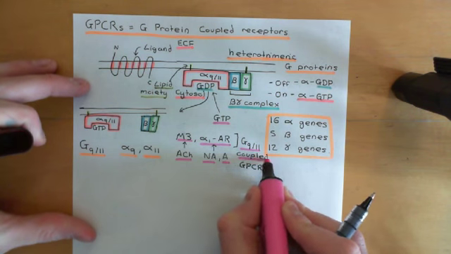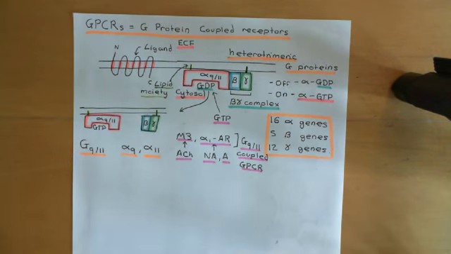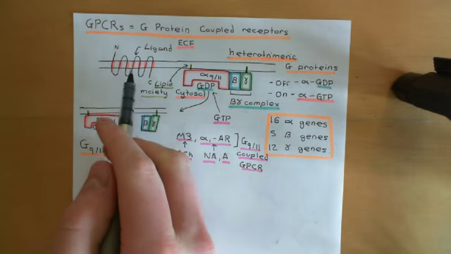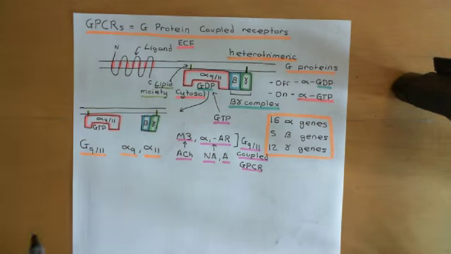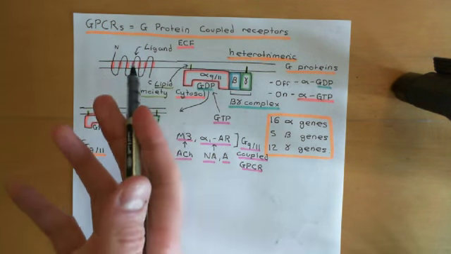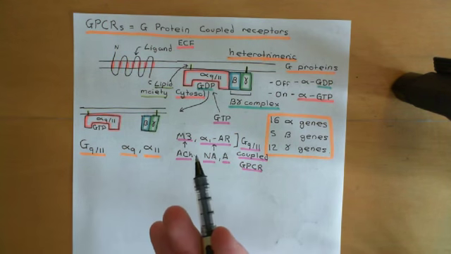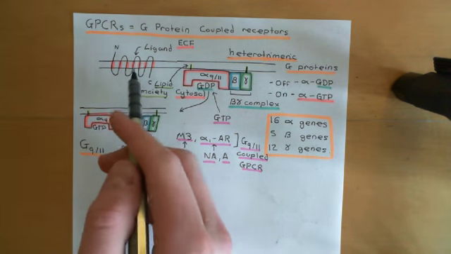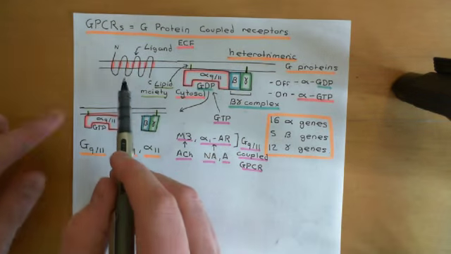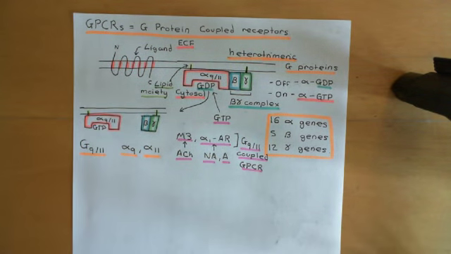Let's now say that we have activated some GQ/11 coupled G protein coupled receptor with its respective ligand. It might be the M3 receptor here, and acetylcholine is now bound to that M3 receptor. That's changed the conformation of the M3 receptor so that its intracellular domain has become available for the binding of GQ/11 heterotrimeric G proteins.